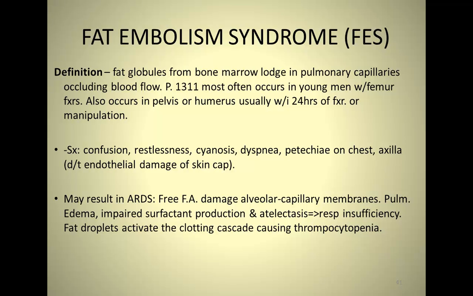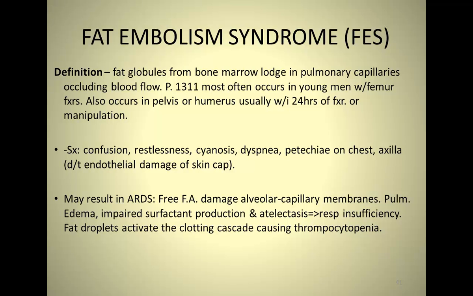You can end up having problems with ARDS, or adult respiratory distress syndrome. And that's where you have free fatty acids. They damage that alveolar capillary membrane where the exchange of the oxygen happens. So you end up having the fluid from the capillaries getting into the alveoli lining. You don't want that, right? It's going to cause that swelling.